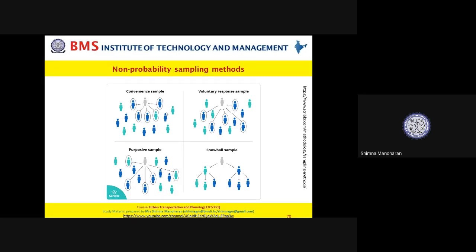In convenience sampling, suppose anyone in the class has to study, I'm asking you, by today evening please provide me some data on how the traffic movement is in the public transport sector. What might be the convenient sample for you? Can you go and do the survey across entire Bangalore? No. If you're in college, the convenient sample will be just outside the campus, right?